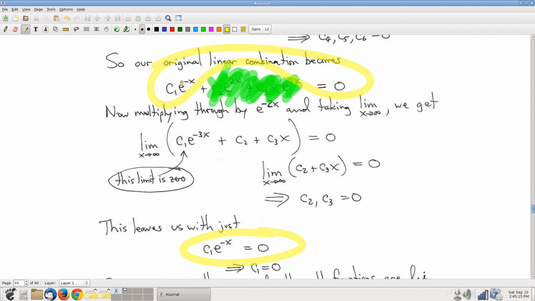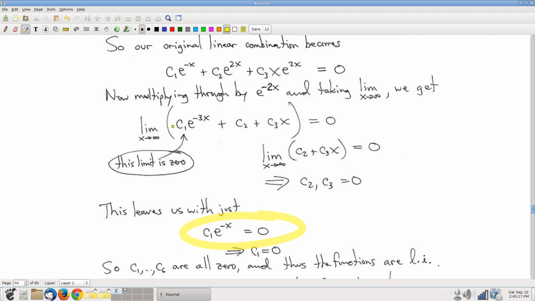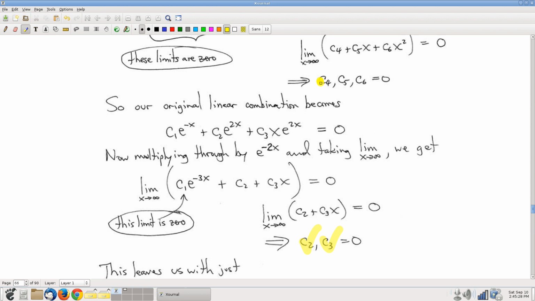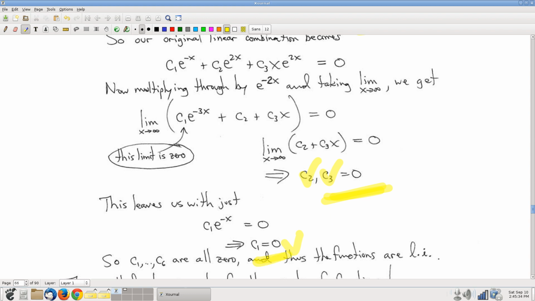And at this point, there's no need for any fancy moves. It's pretty clear that this equation tells us that C1 is equal to 0 as well. So grand total, I have shown that C1, C2, C3, C4, C5, and C6 are all equal to 0. That's what we were trying to show. Therefore, the list of functions is independent.